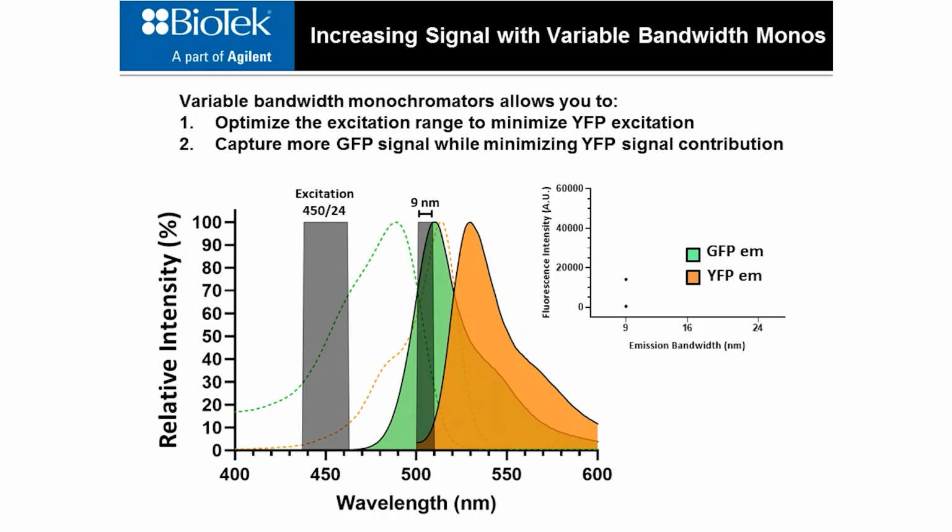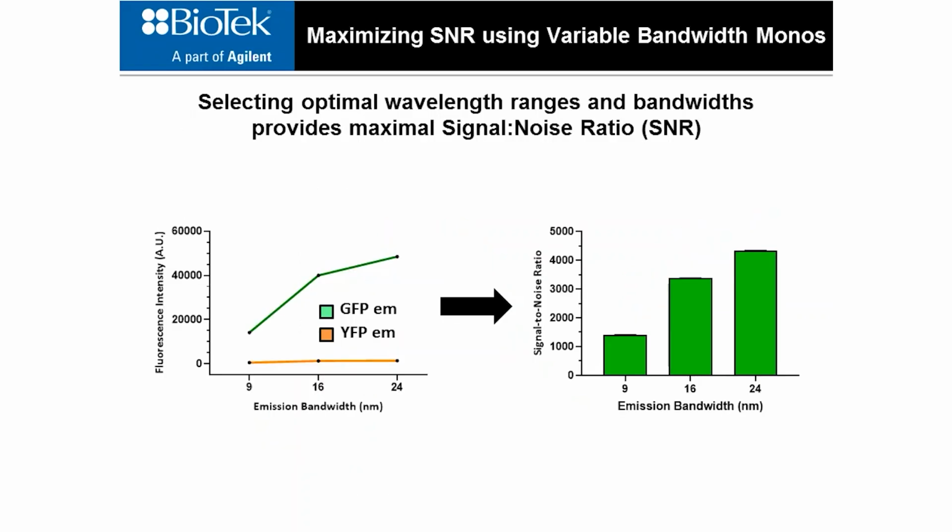So what we could then do is increase the bandwidth for emission from 9 nanometers to 16 up to 24. And as you can see on this inset graph, as we increase that away from the GFP emission spectra, we can increase our GFP signal while minimizing YFP contamination. What this means is essentially we've been able to optimize and increase our signal-to-noise ratio as well.